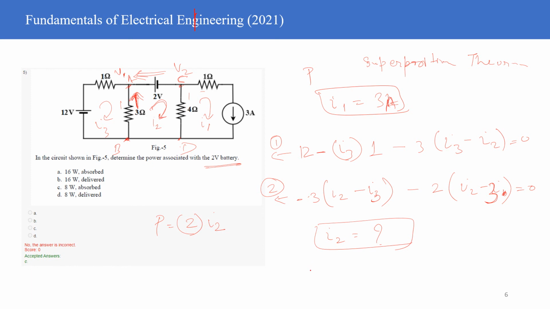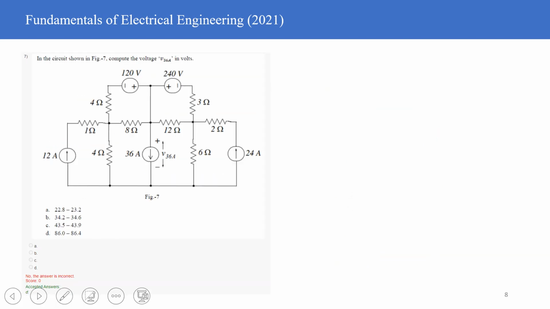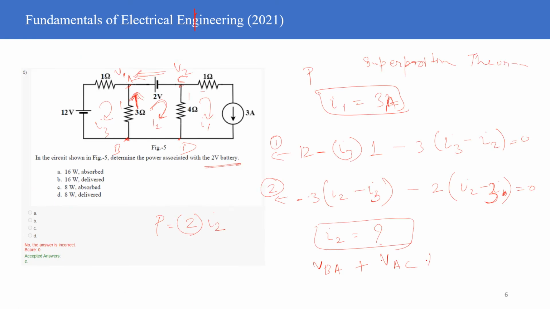So what you are doing is you are writing VBA plus VAC plus VCD plus VDB is equal to 0.